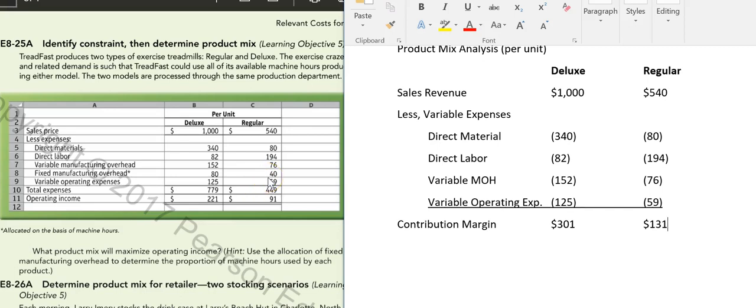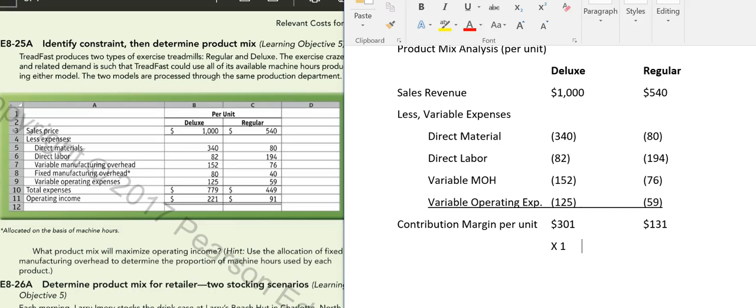That means if we spend all of our machine hours, whatever the number of deluxe models, the regular will be double. So for every one deluxe you can produce, you can produce two regular, because the regular one requires half of your machine hours.